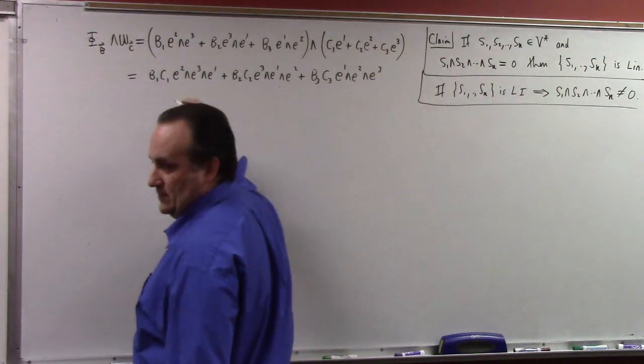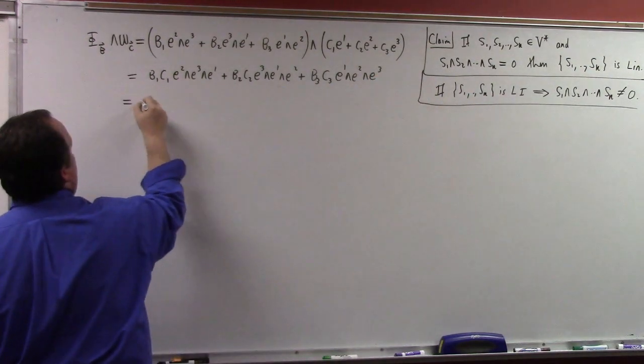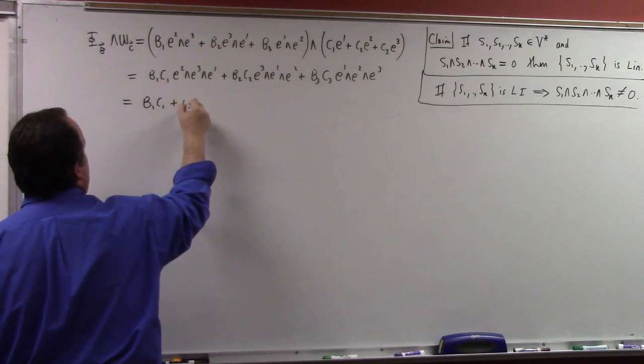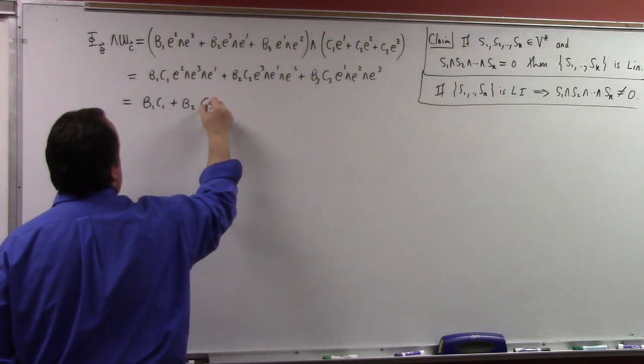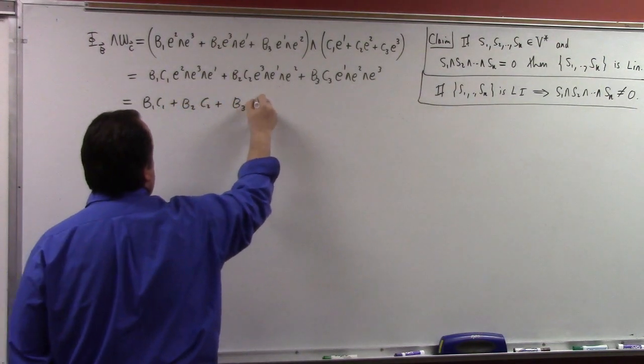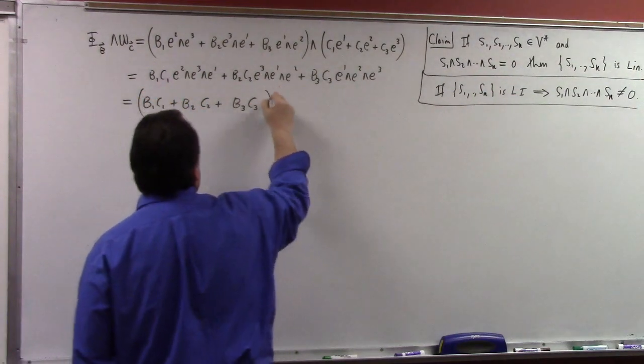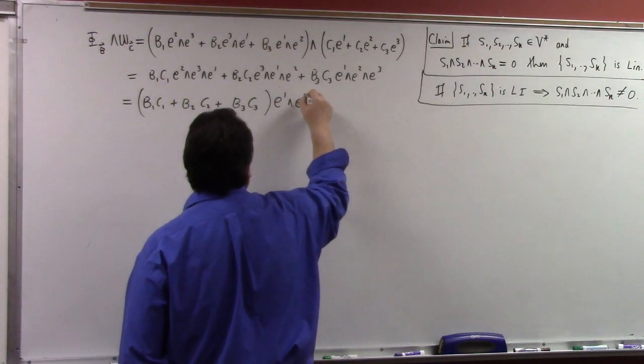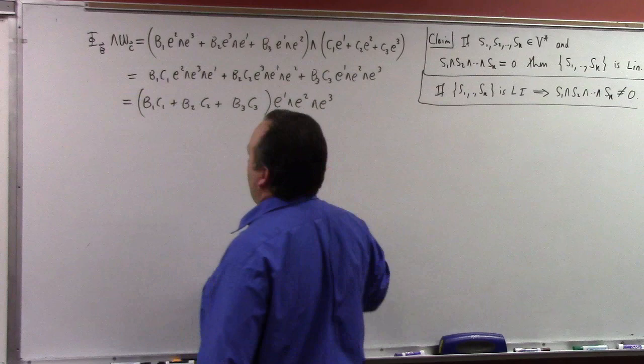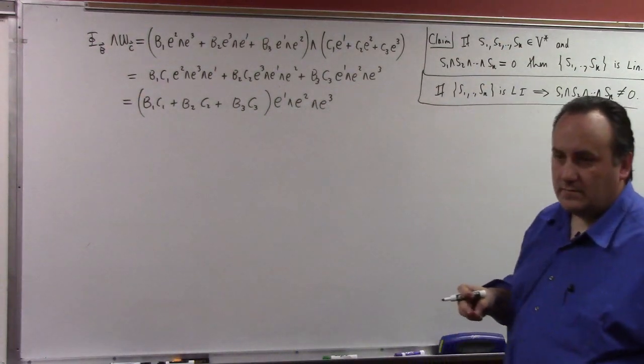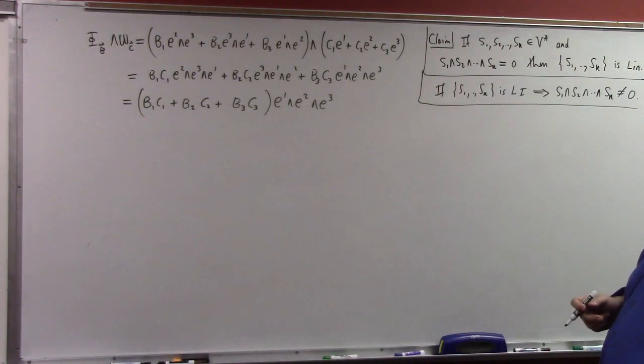Aha, well, you see what we could do there. We could just write B1 C1 plus B2 C2 plus B3 C3 all times E1 wedge E2 wedge E3, right? Why is that?